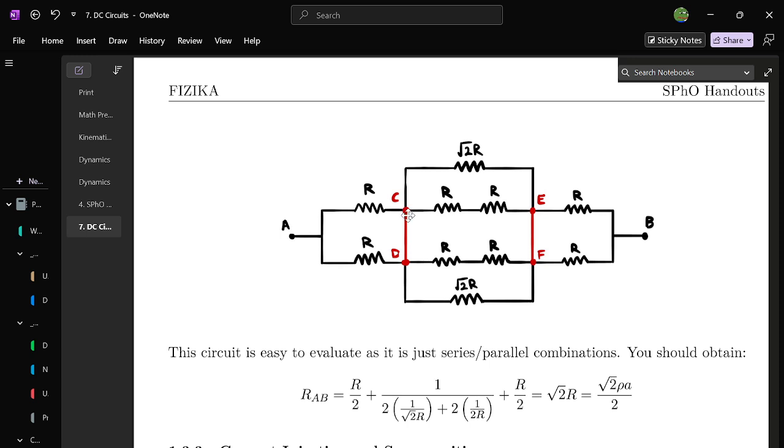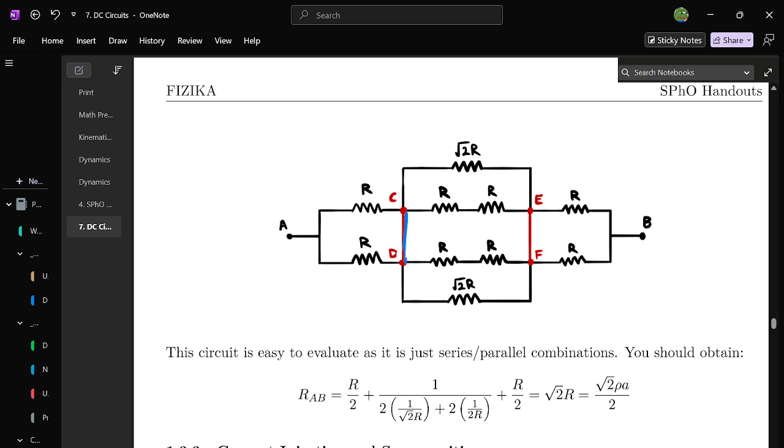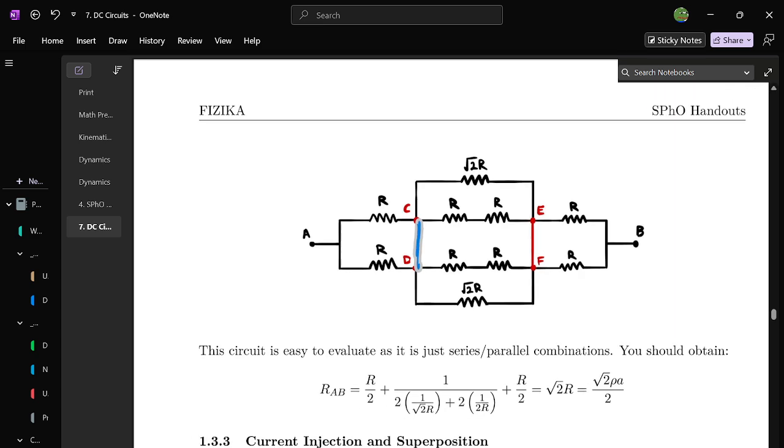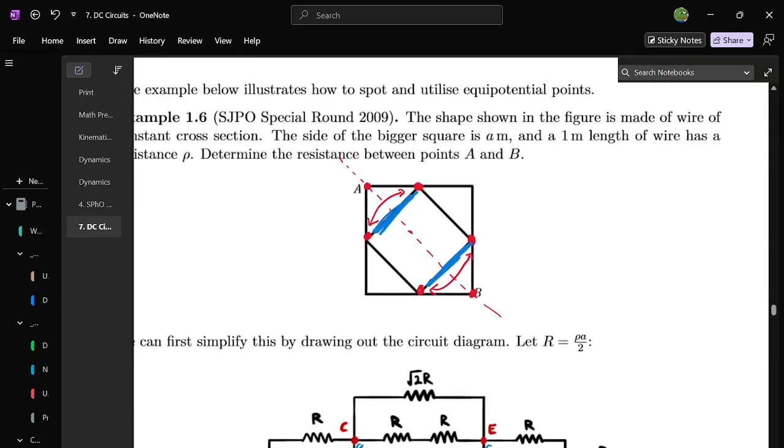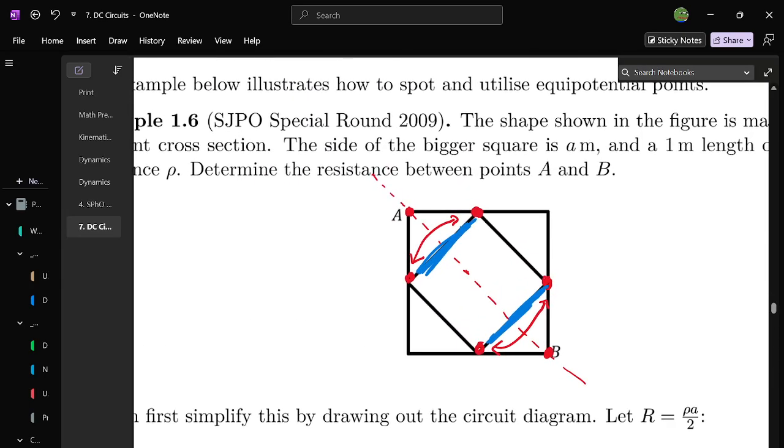Similarly, no current will flow through the wire, even if the resistance is 0. Now once you do that, you can see that this circuit is very easy to evaluate because it's just series parallel combinations, and you can evaluate it and get the answer that you need. But the point of this example is not the series parallel combinations, it is the argument on why you can just kill off resistors like that.